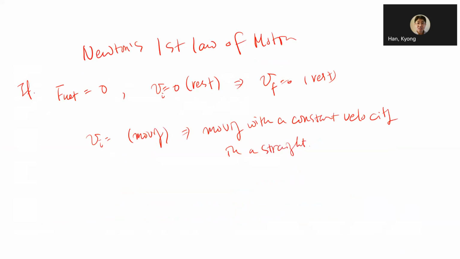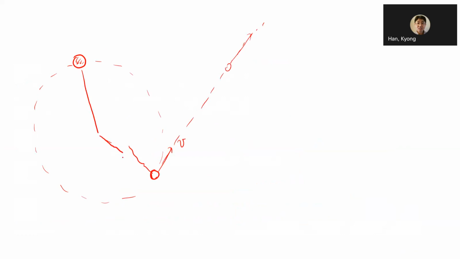If I have some stone, maybe a rock, that you twirl and rotate, and at a certain point the string is broken, then it keeps moving in a straight line in the direction it was originally moving, with the same speed, because there is no tension force.